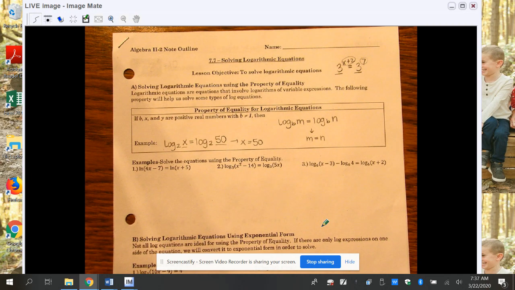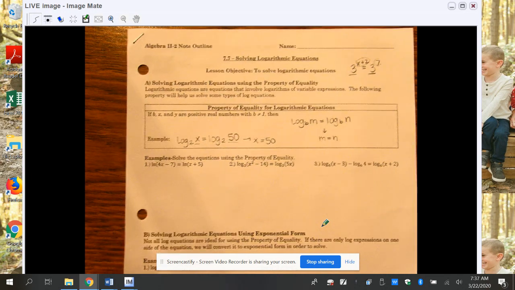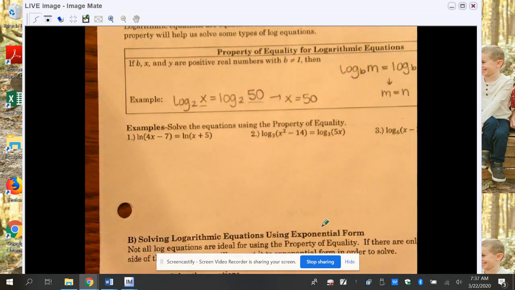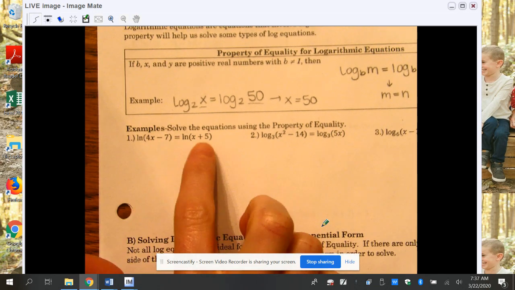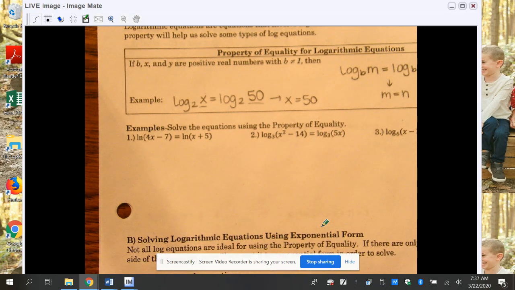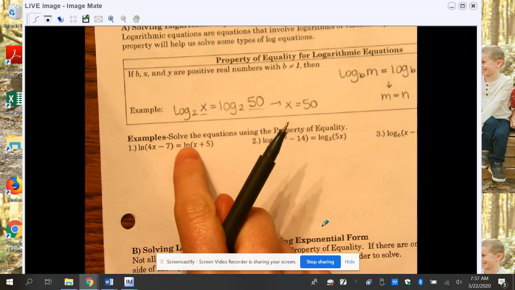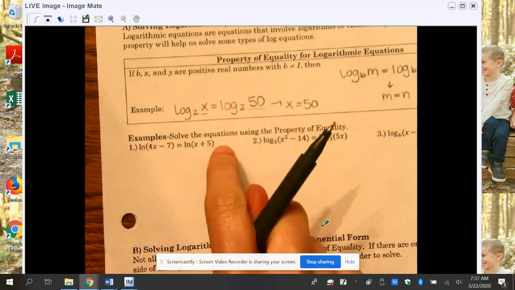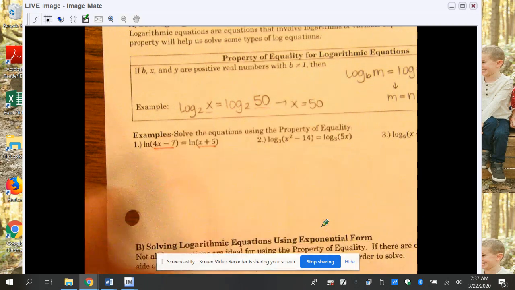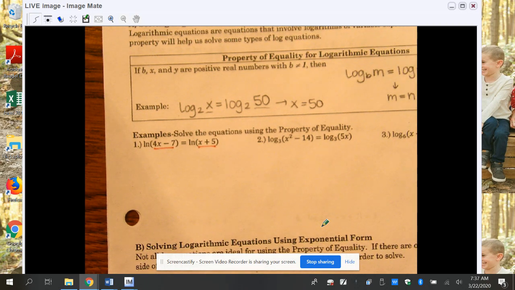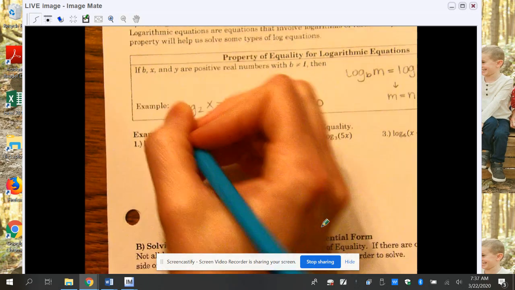If we look at these three examples, start with this one. I have the natural log of 4x minus 7 equals the natural log of x plus 5. In order for this equation to be balanced, I'm taking the natural log of two quantities, and in order for those to be the same, those quantities have to be the same.